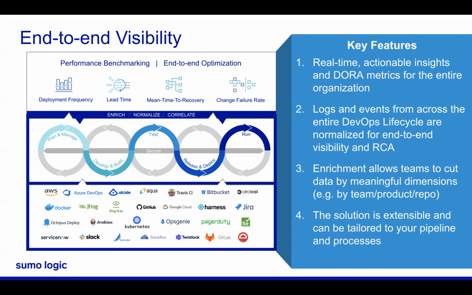There are benchmarks which they have created in terms of how you can deploy things faster, how you can make the lead time faster, then identify the root causes, and the change failure rate should be lower, and things should be closing faster as well. So all in all, this is a kind of benchmarking to get up to speed and build more reliable and better software.